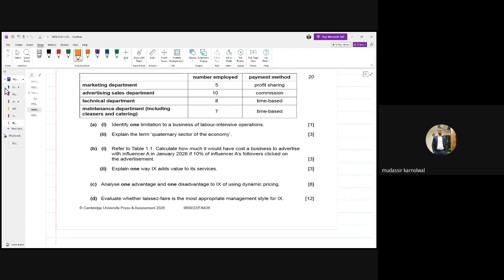Okay. So what are the benefits? In this sort of management style, the employees have a very high level of independence. And why is it appropriate for IX?